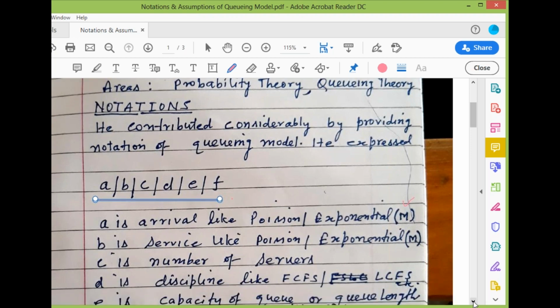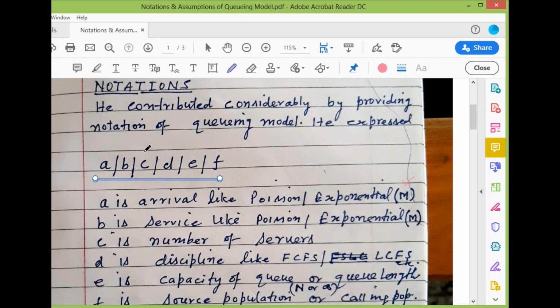C is the number of servers. How many servers are engaged in the channel providing the service to the customers? The number of servers may be single, double, triple, and so forth. So the number of servers is represented at the third place.